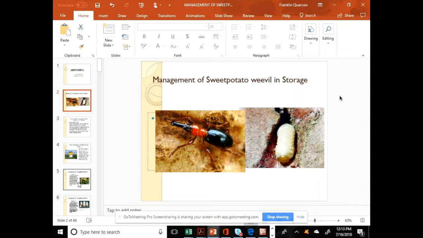Okay. Now, at our Tuskegee side, I've observed some strange things in the last, I would say, 8 or so years. When it comes to sweet potato pests, at Tuskegee in particular, especially our research station, we seldom have the major pests that cause economic damage.